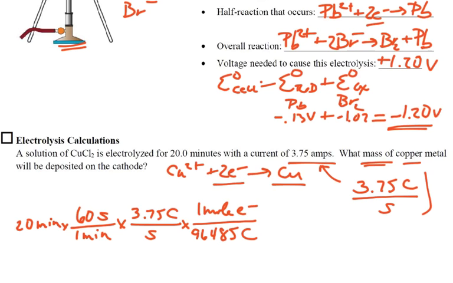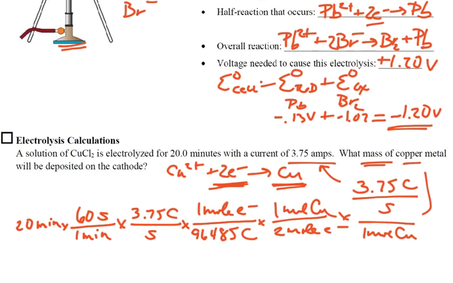That's the Faraday constant. And we know now from this equation that was not really said outright, we had to kind of imply this, that it takes 2 moles of electrons for every 1 mole of copper metal.